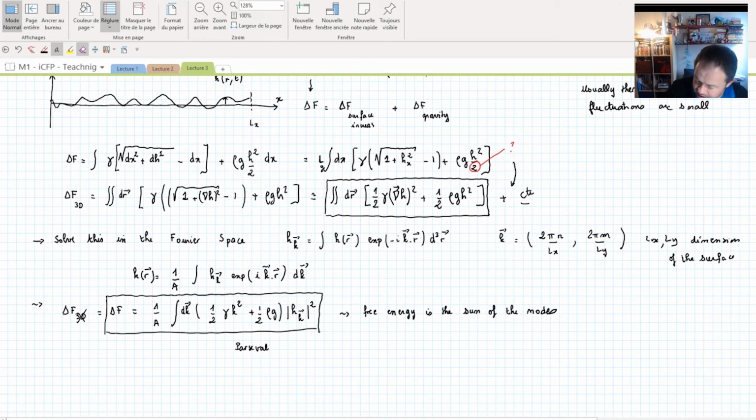I think that I will rather stay here with discrete modes, because otherwise I think I'm not completely correct. The position is a continuous variable, but if I do this kind of calculation, the modes are discrete.